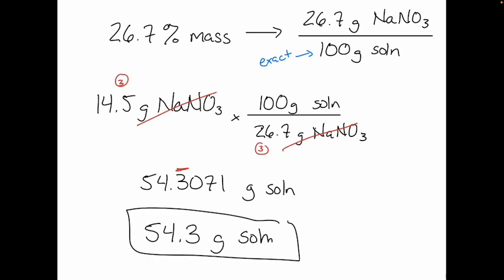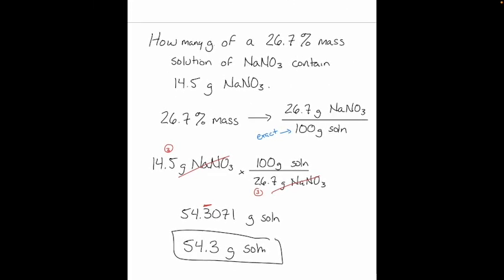That's how much I'm going to need if I need 14.5 grams of my solute, my sodium nitrate. Okay? So again, the key in these problems is making sure you can turn what you're given in your problem into what you're actually going to use in your math. Right? And then it's all about the same game as you played a whole bunch in Chem 1A. Pay attention to the units, make sure everything cancels out, and you're left with what you want. Cool? All right.